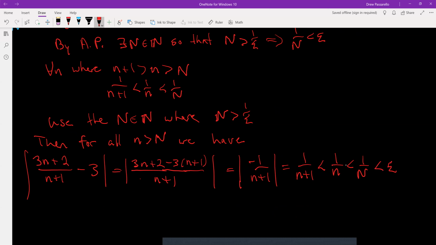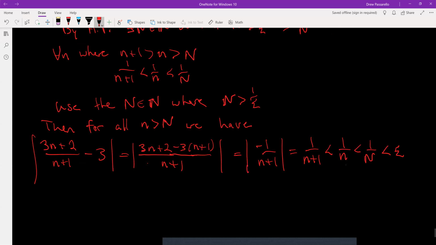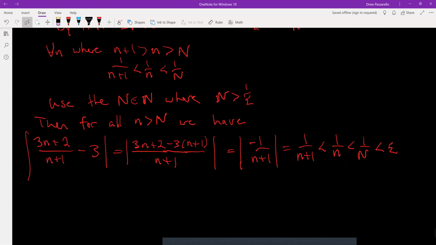And that completes the proof. So we found an N, and that capital N is such that it's greater than 1 over epsilon. So we've produced an N such that the difference between the sequence's nth term minus the limit is less than epsilon.